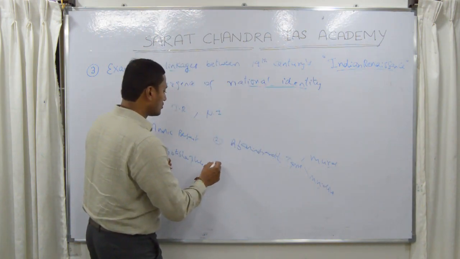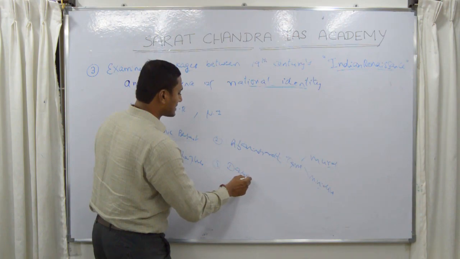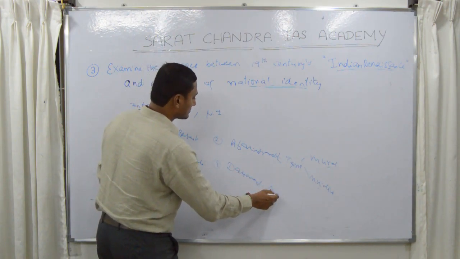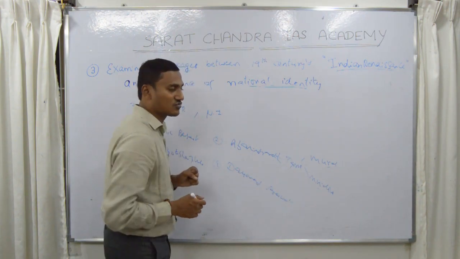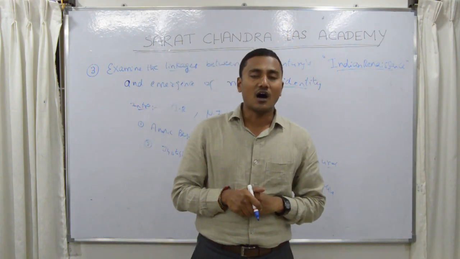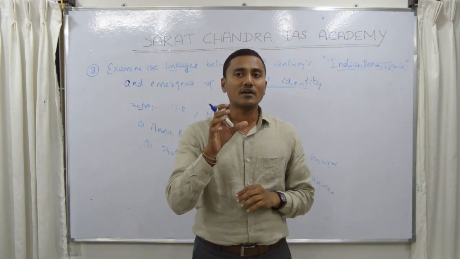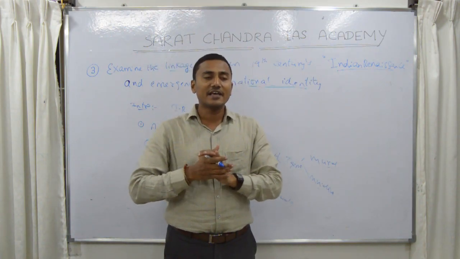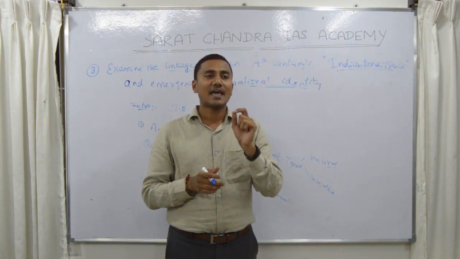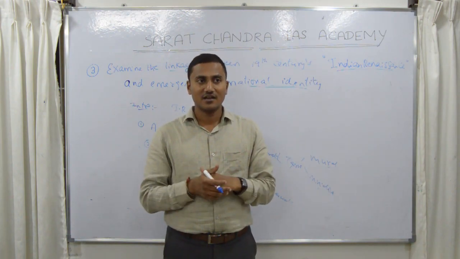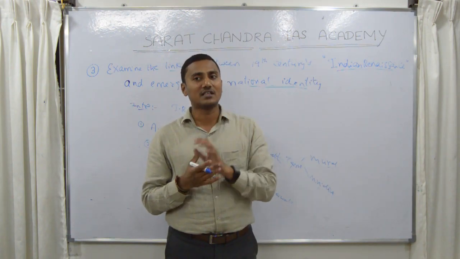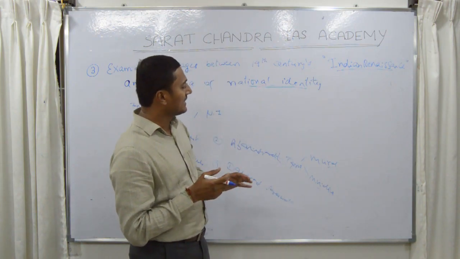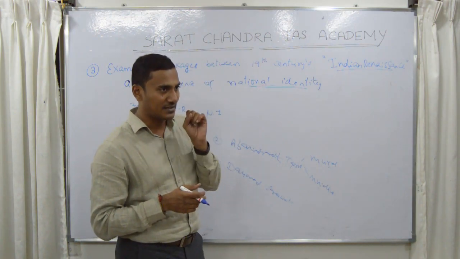Then we can talk about Swami Dayanand Saraswati. He created Arya Samaj, where he wanted to create a national identity based on a casteless and classless India with the slogan "Back to Vedas." So thus we can link this also with the national identity.